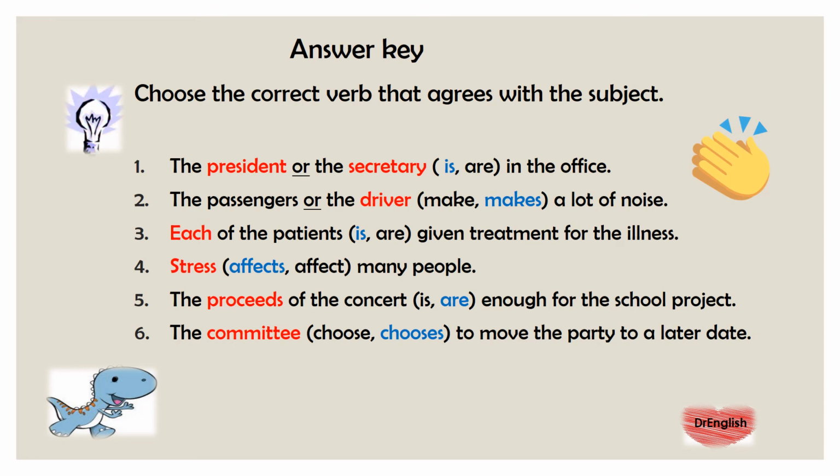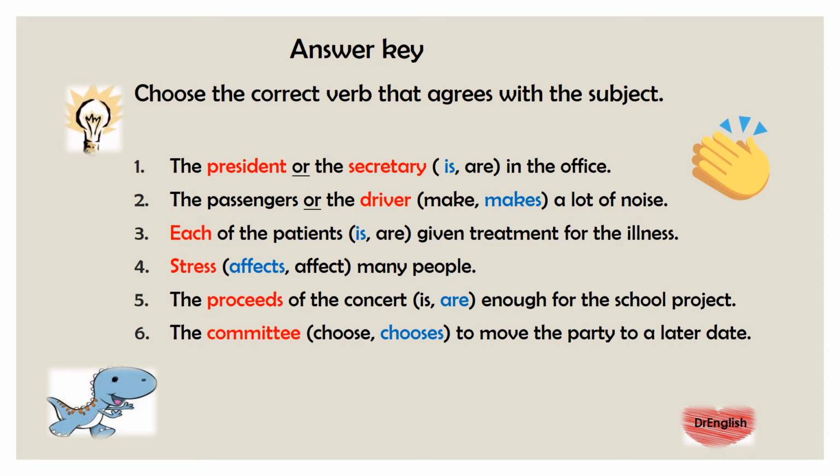Sentence 2. The passengers or the driver makes a lot of noise. Now we have two nouns. One is singular, driver, and the other one is plural, passengers. Now the rule says in a compound subject where one is singular and the other is plural, the verb should agree with the noun closest to it.